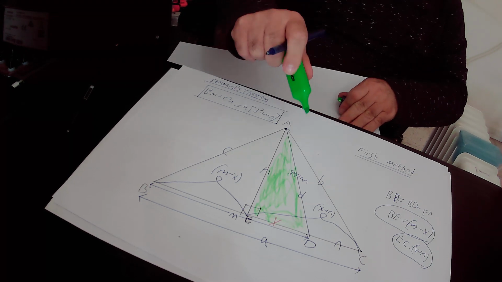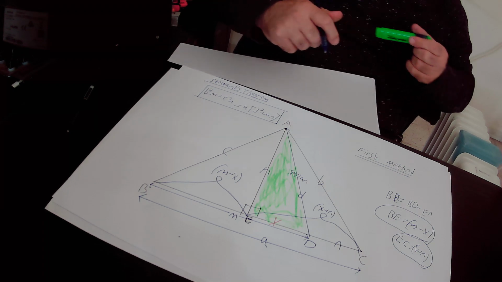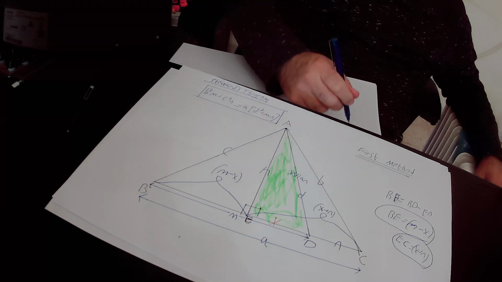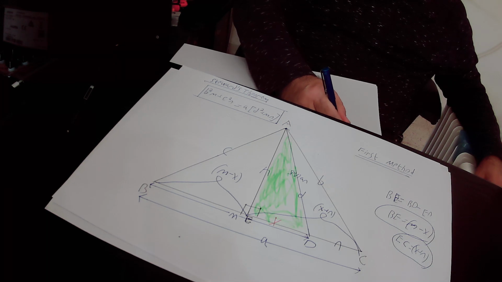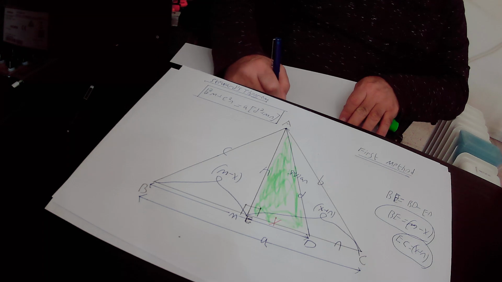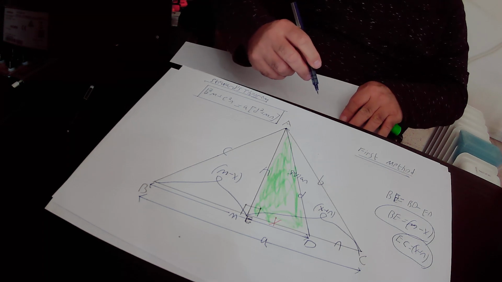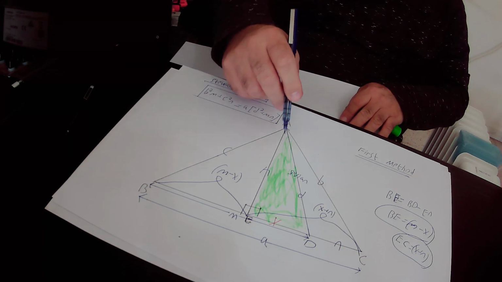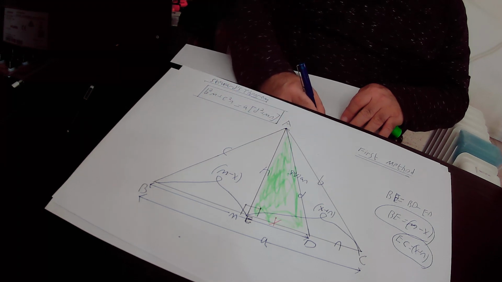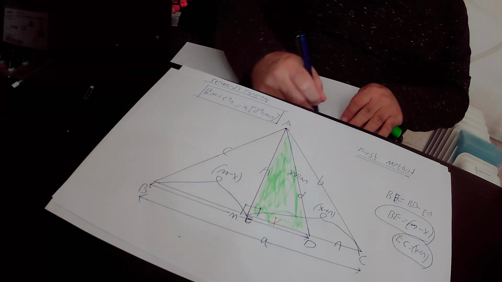So in the right green triangle AED, the hypotenuse is AD, therefore the square of the hypotenuse is AD squared, and it must be equal to AE squared plus ED squared.